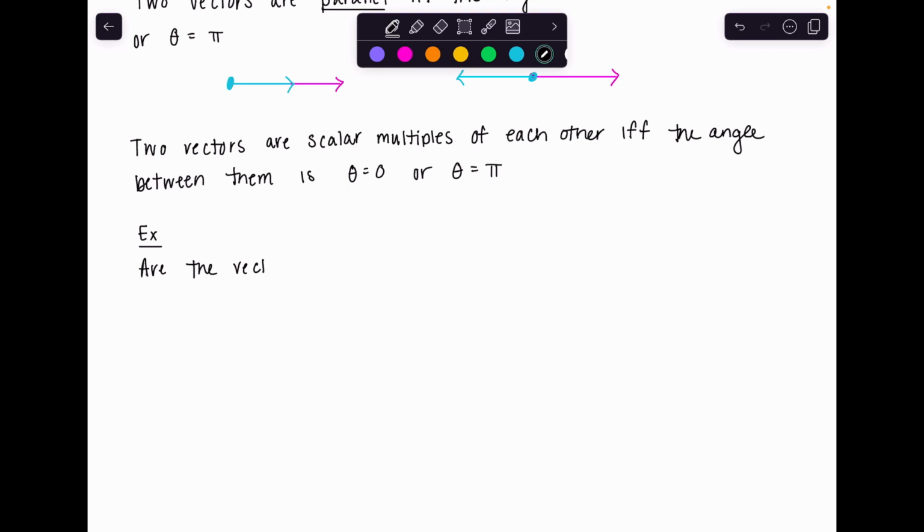So we're going to ask, are the vectors u, which is -3, 9, 6, and v, which is 4, -12, -8, parallel, orthogonal, or neither?